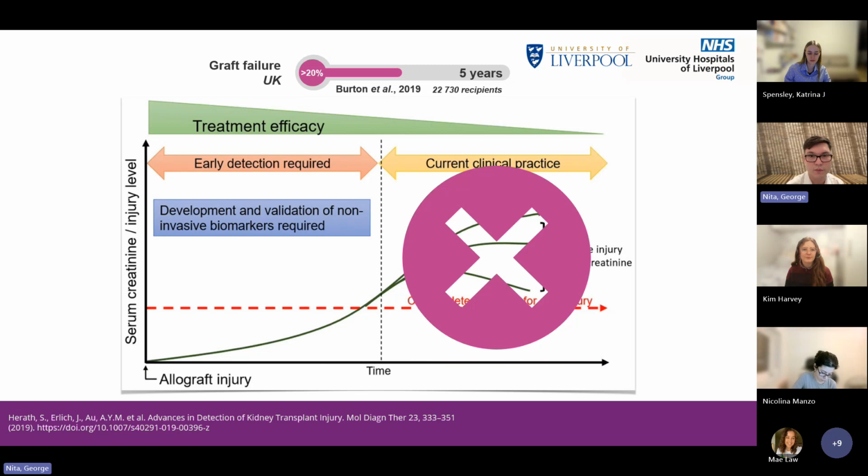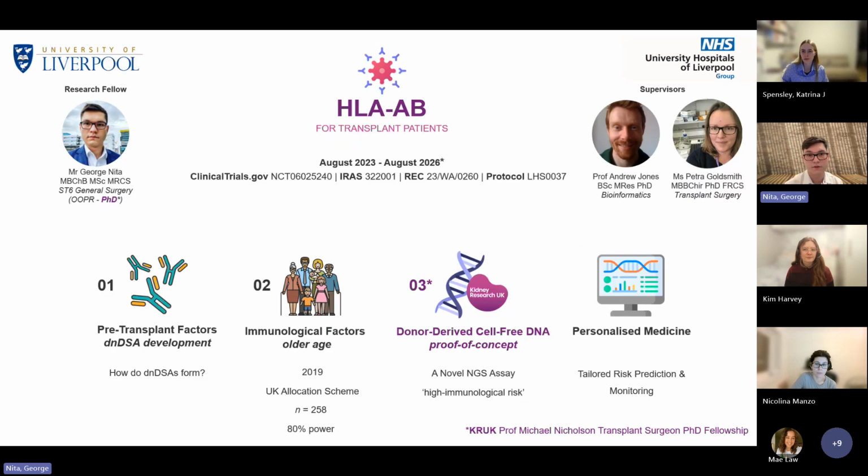And what we do at the moment is look at injury after it happens. So the question is, can we do a blood test that tells us whether you're rejecting your kidney earlier, to provide us a window of opportunity to treat you? So that's where we've come into play.